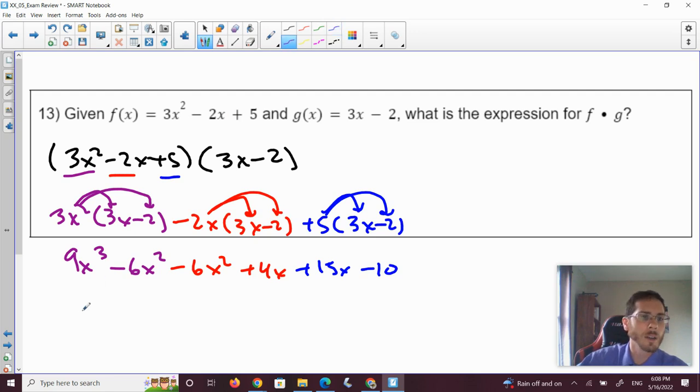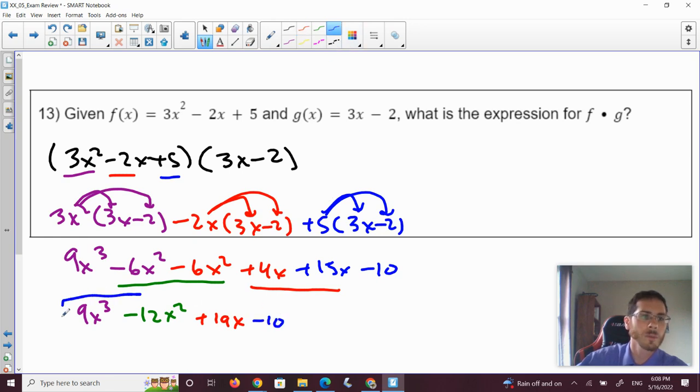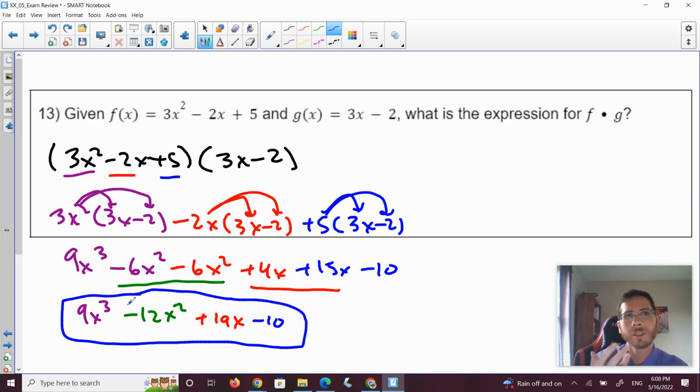All right, we'll combine all the like terms. I only have 1 x cubed term, so that's easy. Negative 6x squared and another negative 6x squared is minus 12x squared. 4x and 15x is 19x. And then minus 10 at the end. And that's what we got. So long problem, a lot of distributing, but that's not too bad to do all the distributing.